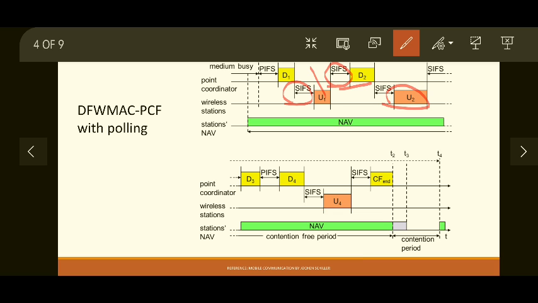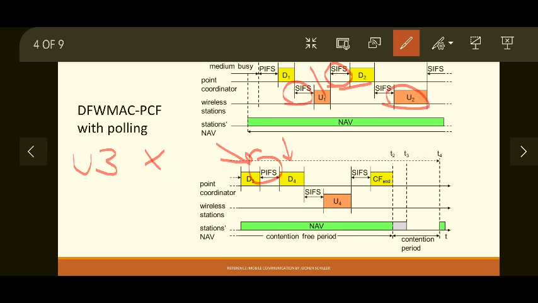Now for the third one, let's assume a different condition. The access point polls the third station by sending D3, but the third station is not currently active, so it is not responding. If it does not respond, the access point, after waiting for PIFS amount of time, polls the fourth station. Remember, the third station, that is user 3, is not present in the network right now.